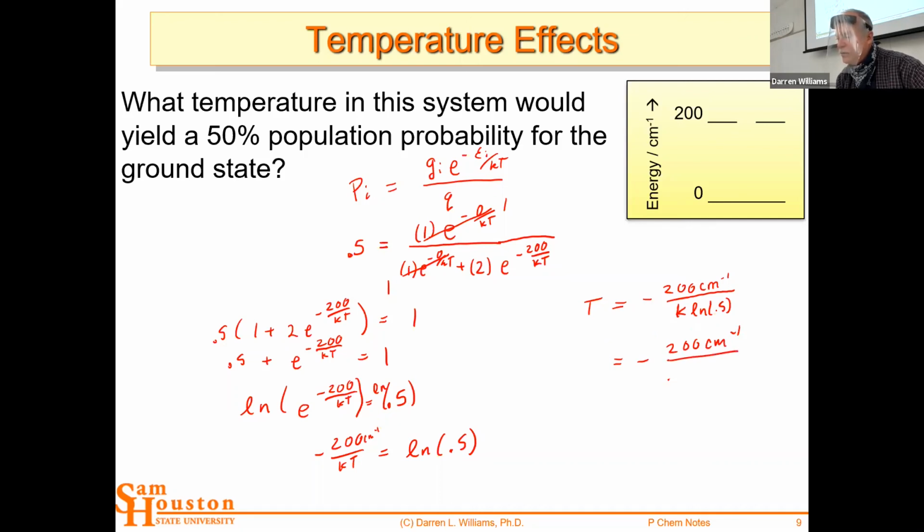And then Boltzmann's constant was 0.695 wave numbers per Kelvin. And that's good because that Kelvin's going to come up on top. And then the natural log of 0.5 is unitless. And so what was it again? 0.693. Weird, because it's so similar to the Boltzmann constant.